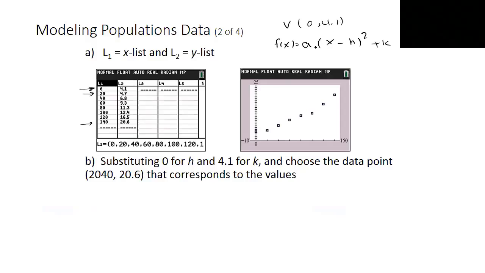And they're giving another point, when x is equal to 140 and y is equal to 20.6. We're going to use this information to find a.